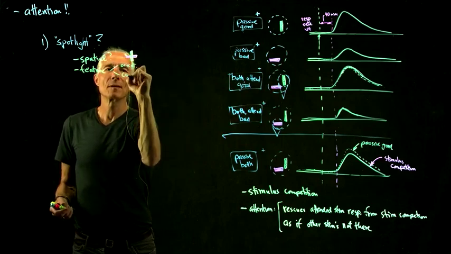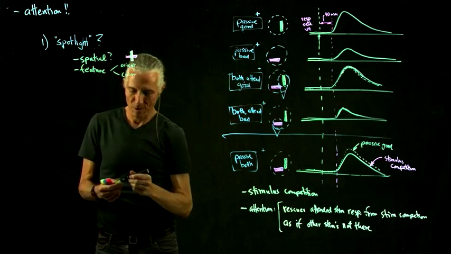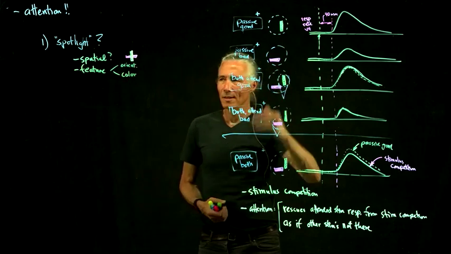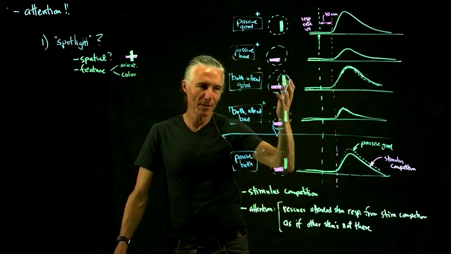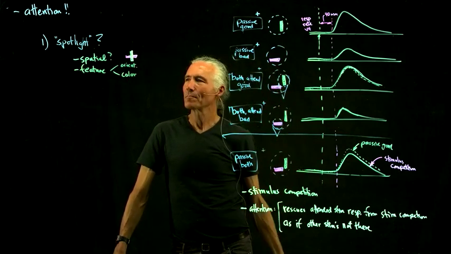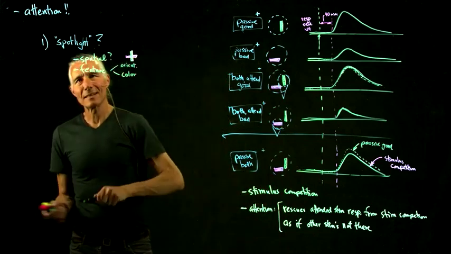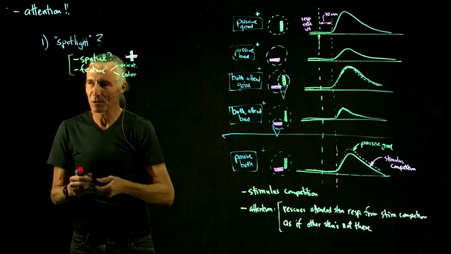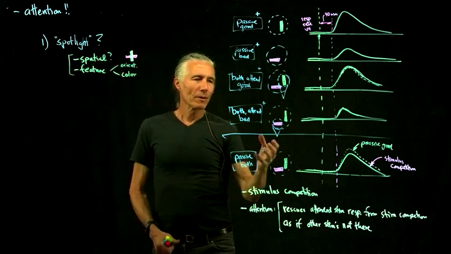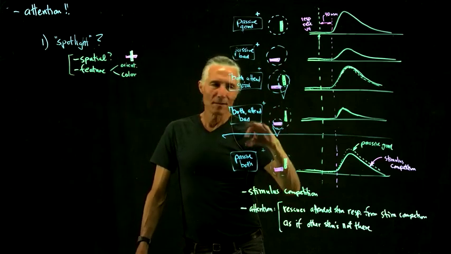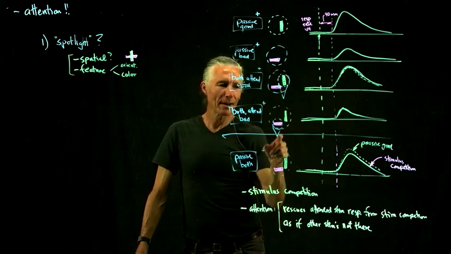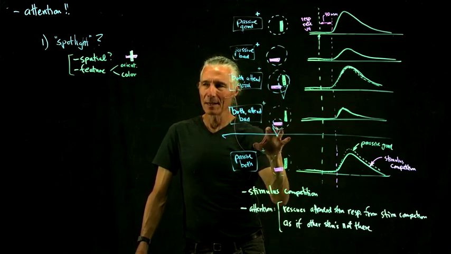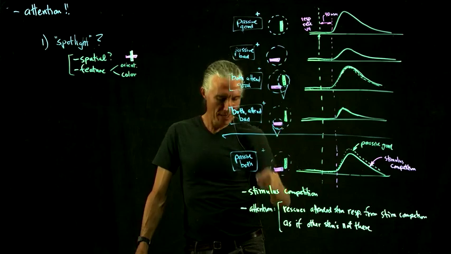Or maybe it's color. That was what the experimenters were using, but the animal could also just use the orientation because they kept the orientation constant. So it's not clear that it's a spatial spotlight. It could also be some kind of spotlight where you just say, I'm just looking for red things no matter where they are. It's drawn out in the paper as if it was a spotlight, but there's no hard evidence that it actually is that way.